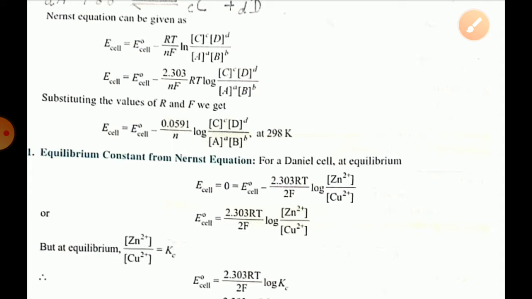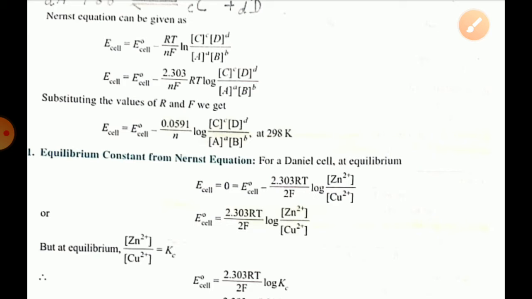So if the reaction is at equilibrium, then in place of the concentration ratio of C and D upon A and B, we may write natural log K, the equilibrium constant.